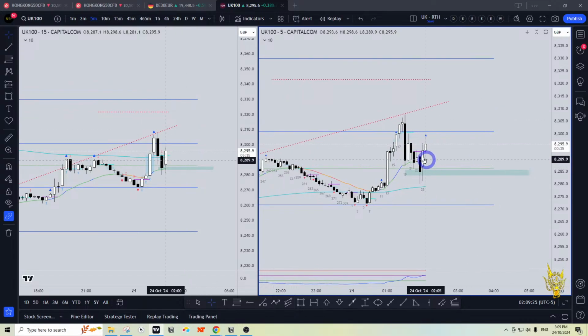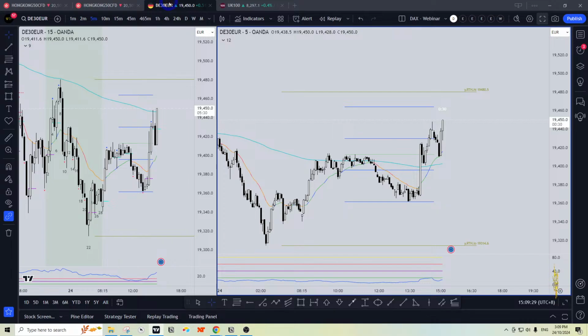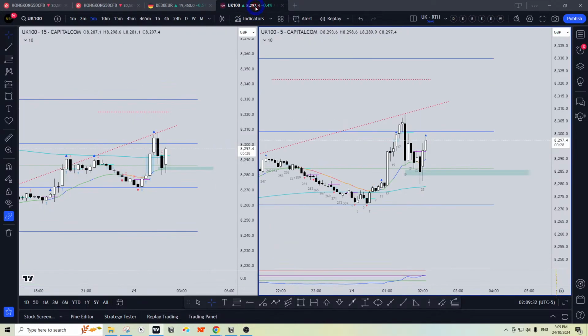So was this the greatest buy in the world on FTSE? Well, we really want a second consecutive bull bar there. DAX is pretty happy.